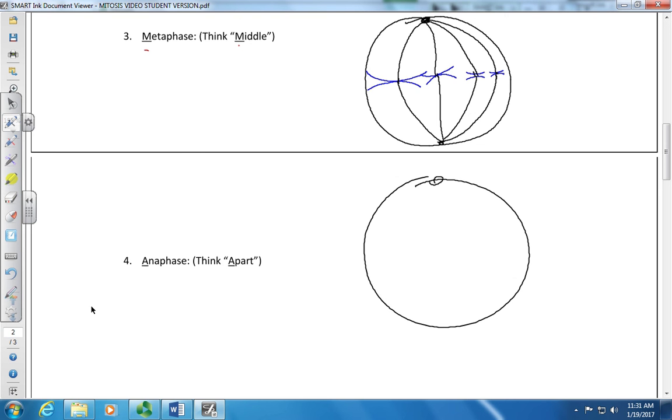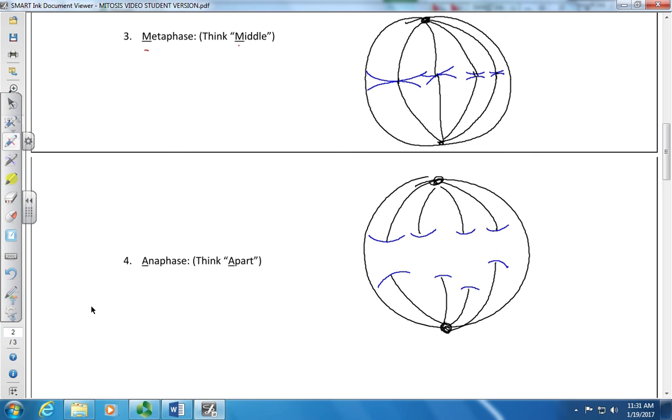So anaphase means apart. And what's going to happen is these spindle fibers, they are like hands. They're greedy little hands, and they want to rip those sister chromatids apart.